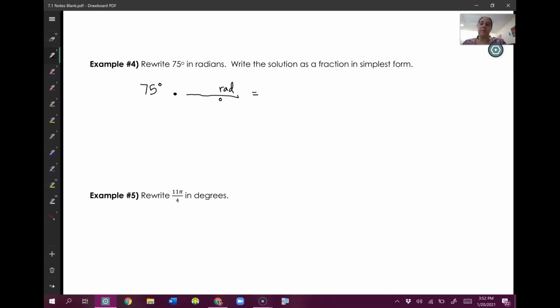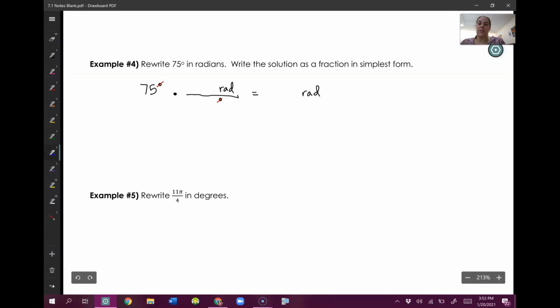And here's why I'm specifically doing that. Because we've learned that if you have something on top and bottom that's the same, it will cancel. So I have degrees on top and degrees on bottom. Those will cancel out. And then, hey, all I'm left with is radians. So now I need to fill in this fraction.